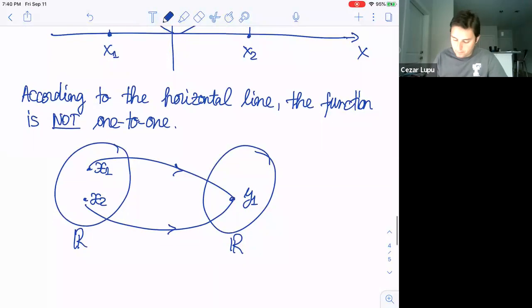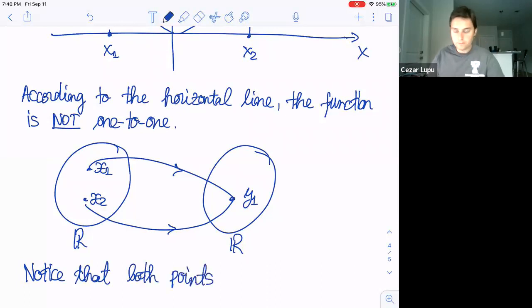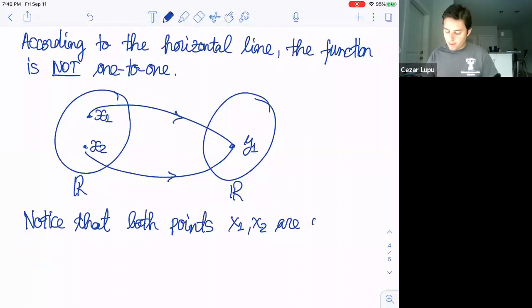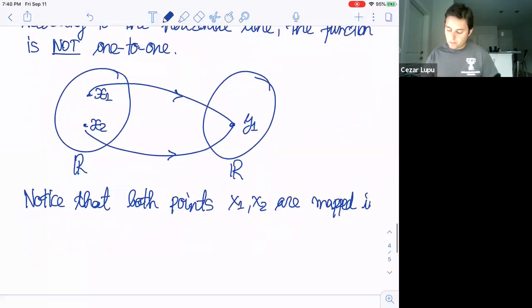So let's write this. Notice that both points x1 and x2 are mapped into a single point, y1.